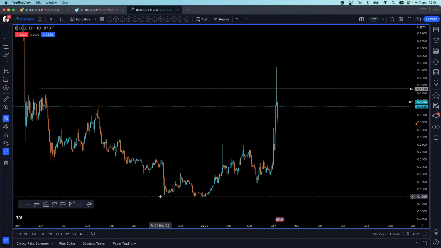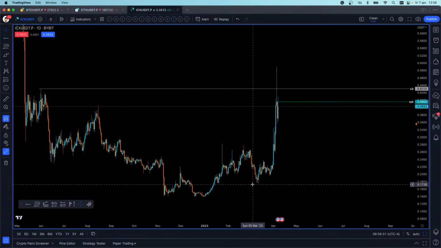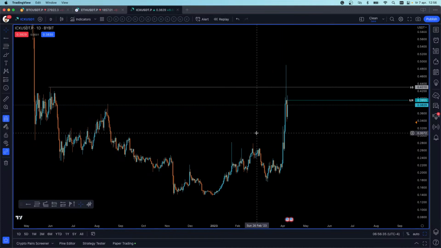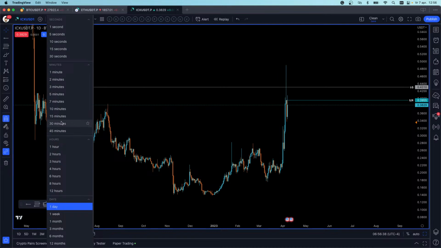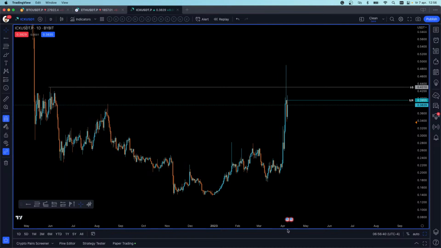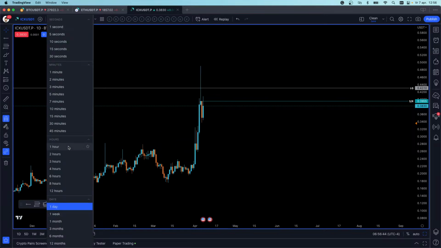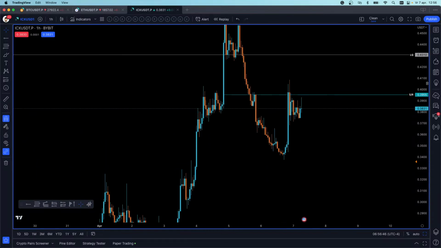Elliott wave. It's 1, 2, 3. A, B, C. Could be anything. Yeah, but on a daily, I can see that we are trading into this fair value gap as well.